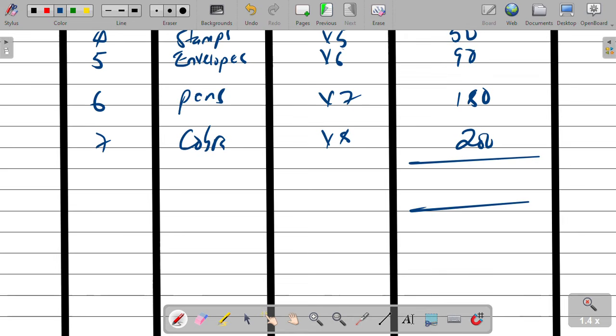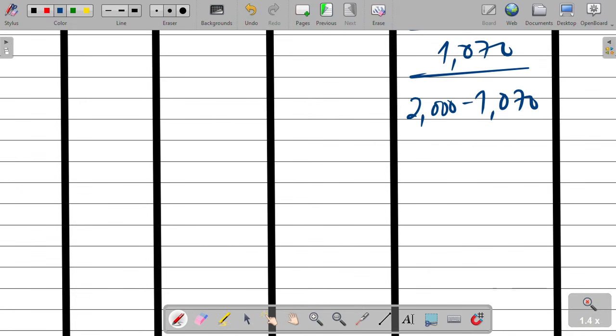When we subtract it from our 2,000, the difference is 930.